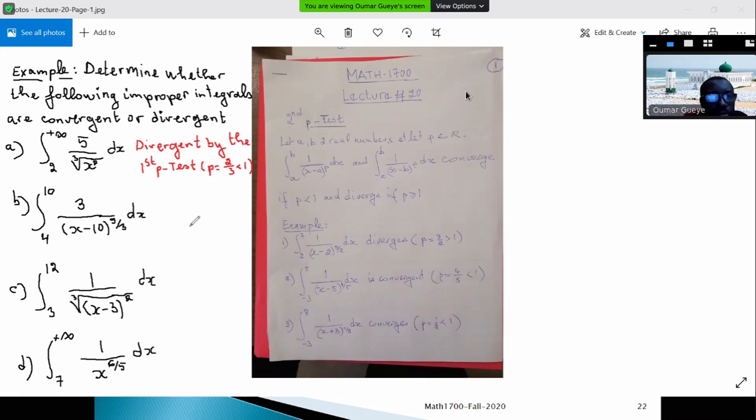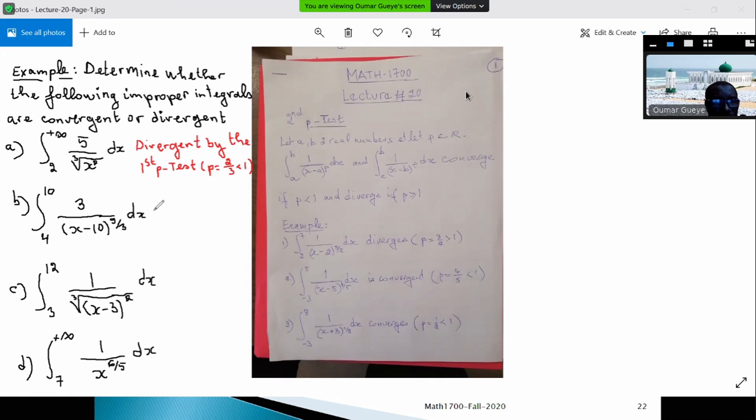Is it okay for all of you? So it means if you calculate this integral, you will get positive infinity. You can verify it at the end of the class if you want. The antiderivative is not complicated.